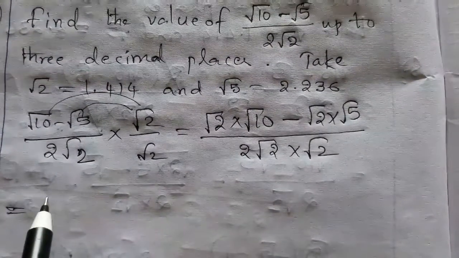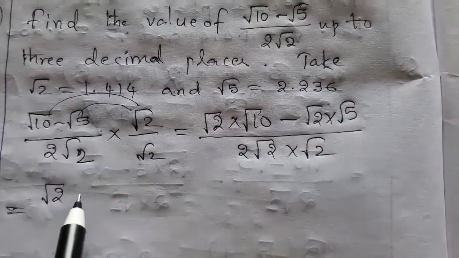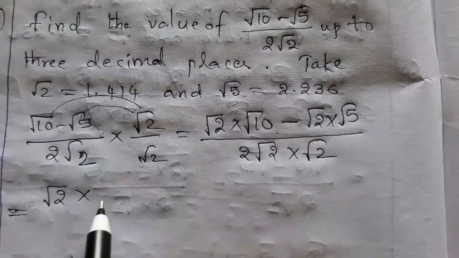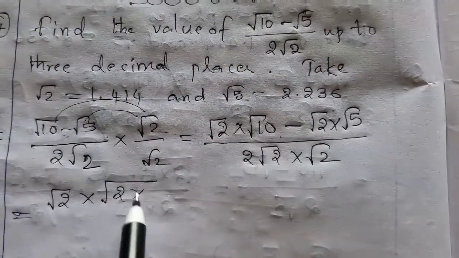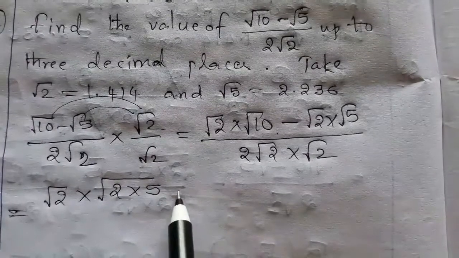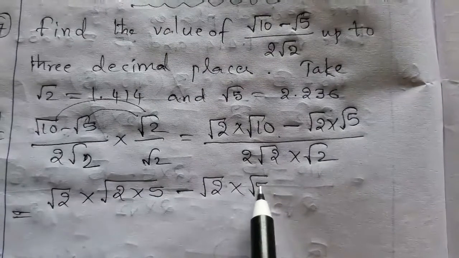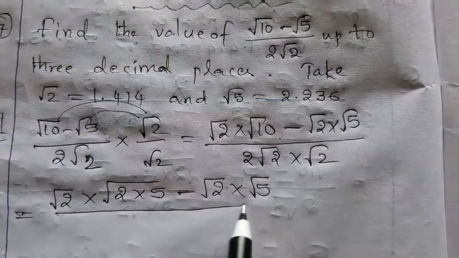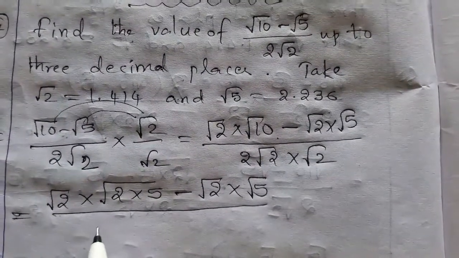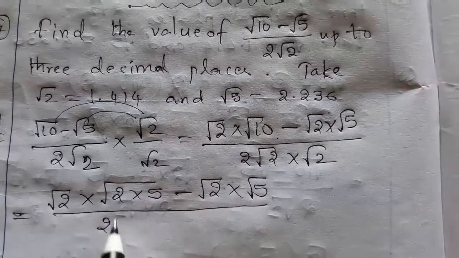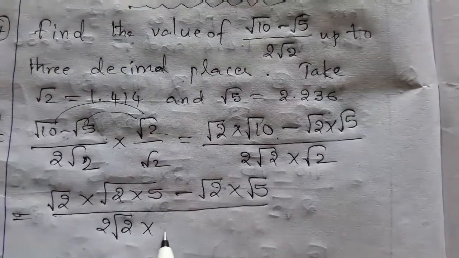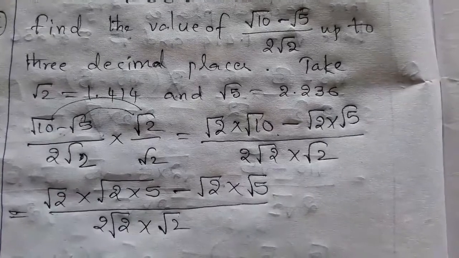Now write this: root 2 into root 10, where 10 can be written as 2 into 5, minus root 2 into root 5, by 2 root 2 into root 2.